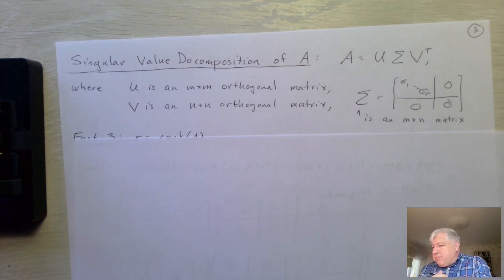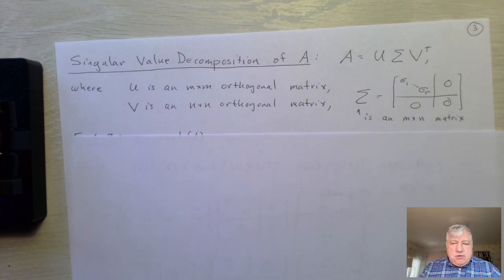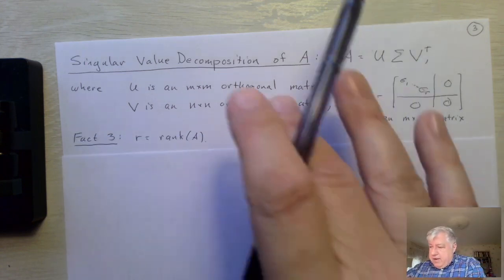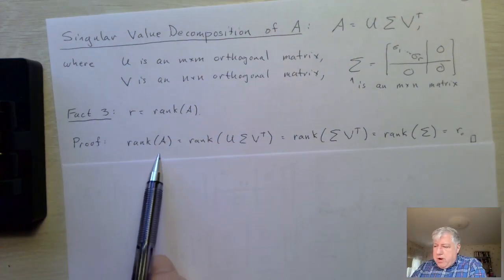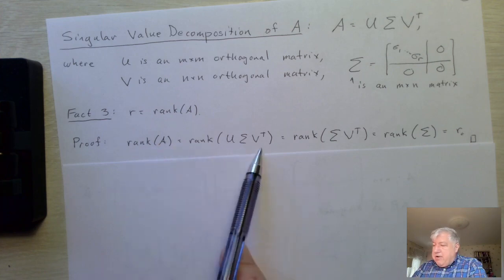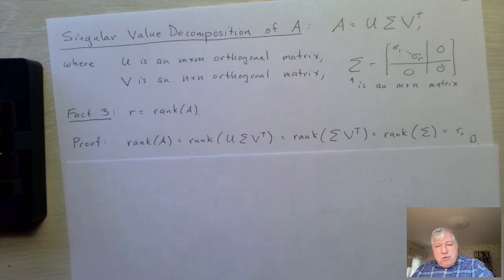One thing we should state to get out of the way is why we are using the letter r to denote the number of non-zero eigenvalues of A transpose A. Well, because r is in fact the rank of A. The reason is this: A is equal to U sigma V transpose, and remember that U and V transpose are both invertible matrices, which means they're products of elementary matrices.